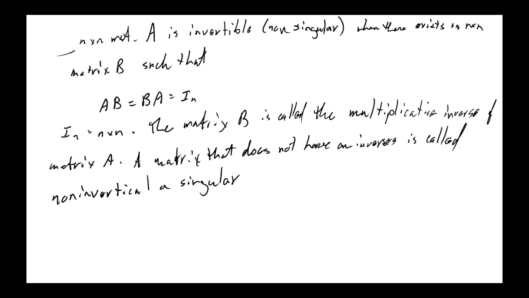Now, here comes the theorem. If A is an invertible matrix, okay, what that means is it's got to be square, and you can find an inverse. Then the inverse is unique.